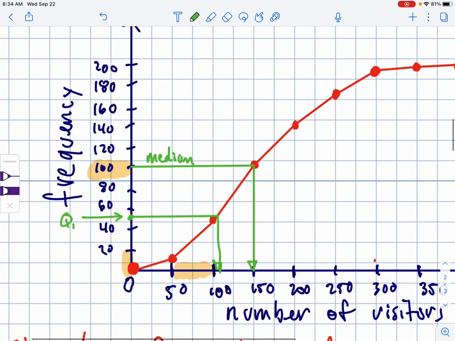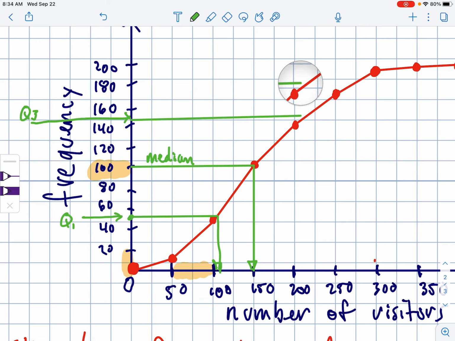Then if you multiply 0.75 times 200, that means that Q3 lives at the 150th score. So somewhere around here, this is going to be Q3. Once again, we're going to trace it over to the curve. I didn't mean to start there. Just get rid of it.